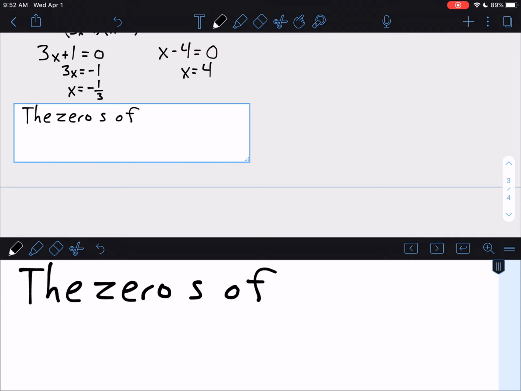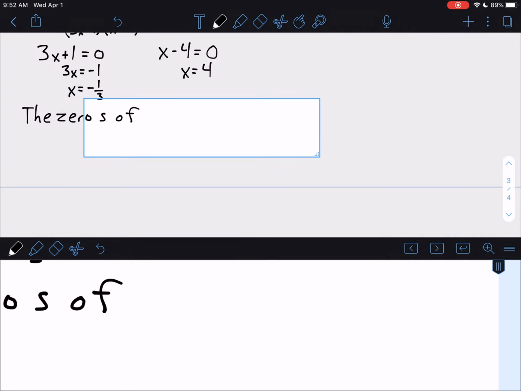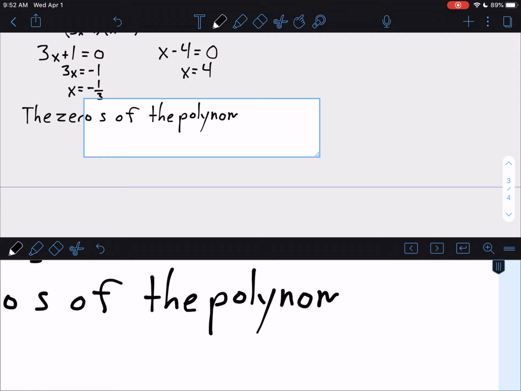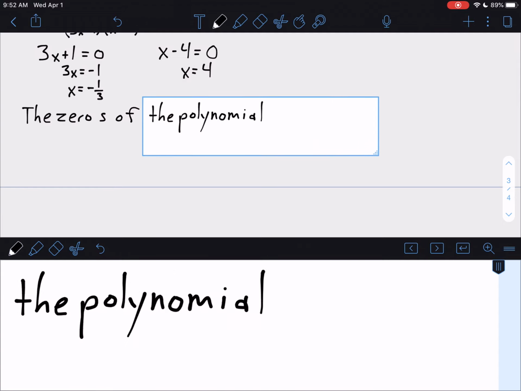So this means that the zeros of, let's see, what was that polynomial? I remember it had some big numbers. So the polynomial, what was it?